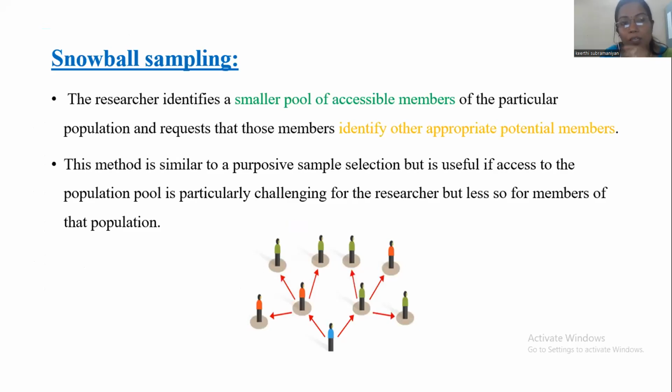The second-to-last one under non-probability sampling is snowball sampling. The name itself says it: when a snowball rolls, a lot of ice gets coated over it. Same thing, I go to one person whom I identify. For example, if I'm doing a study on smokers, I identify one person who is a smoker and ask them, do you know somebody else who also smokes?